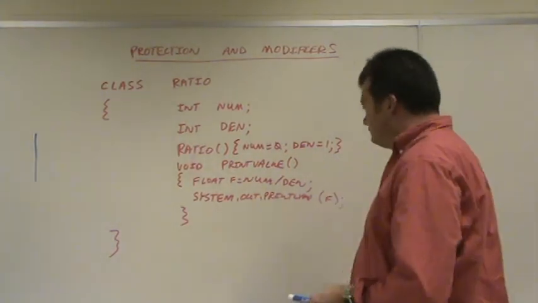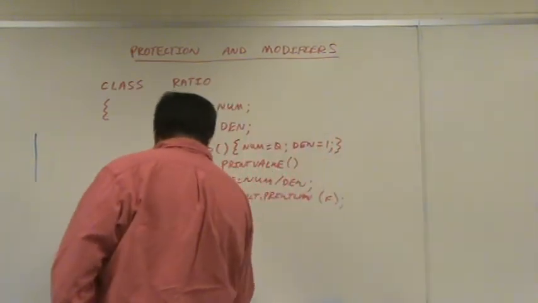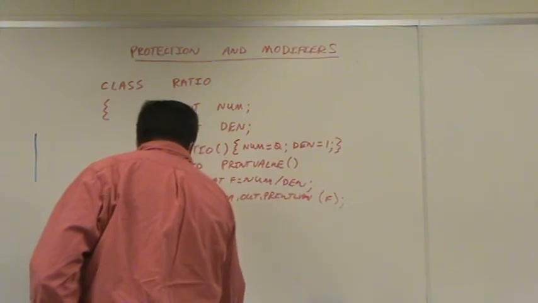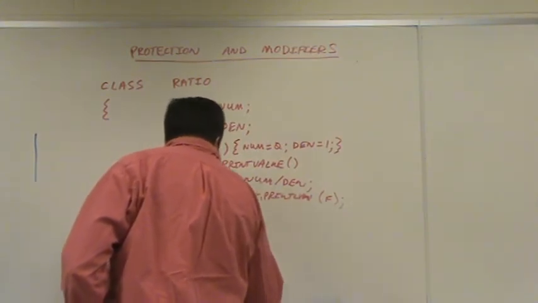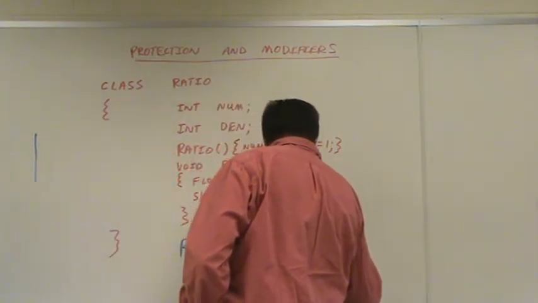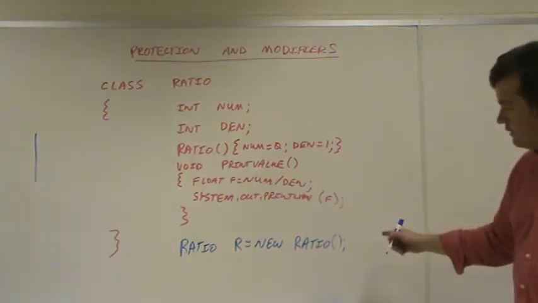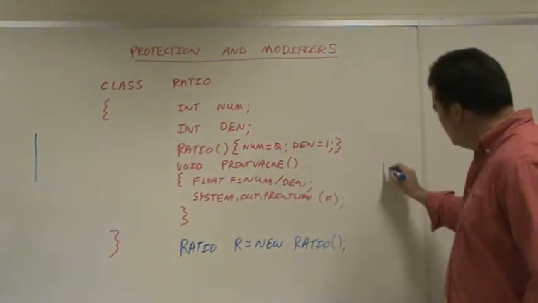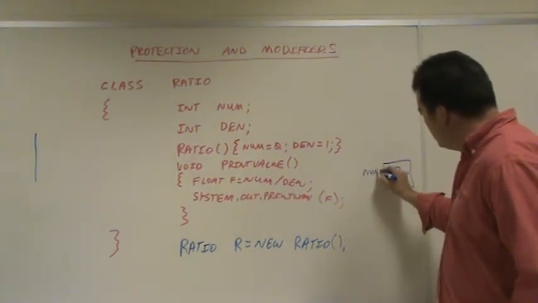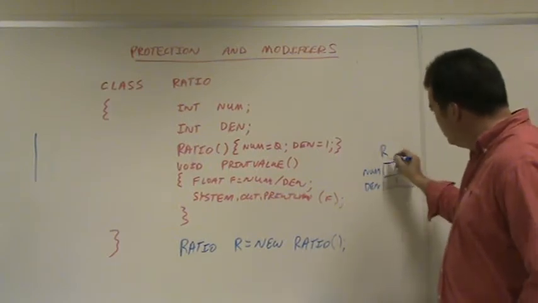Right now, if somebody came along in a main program outside of this class and said Ratio R equals new Ratio and gave no information, a ratio would be created with a numerator of 0 and a denominator of 1. This would be R.